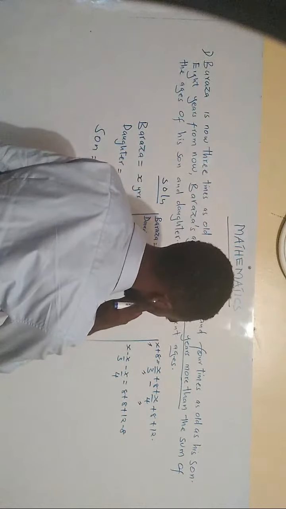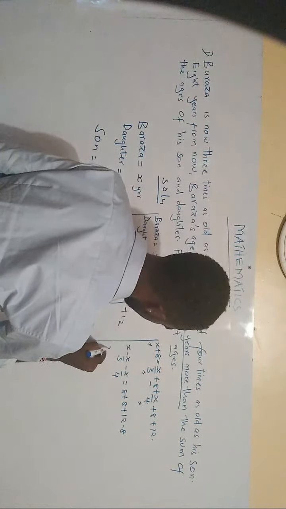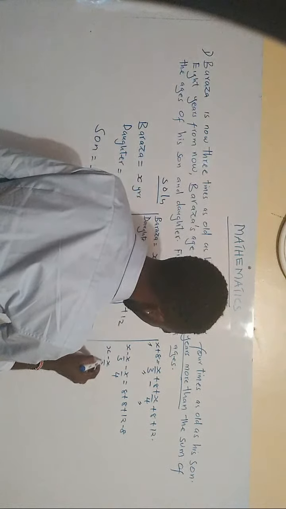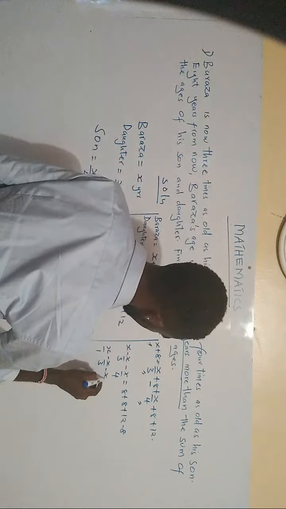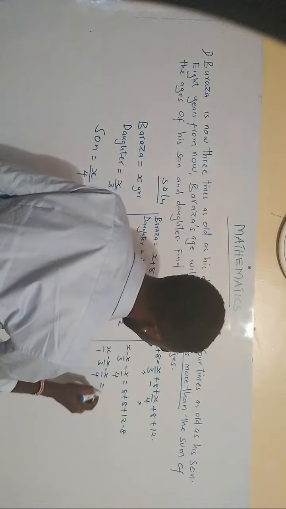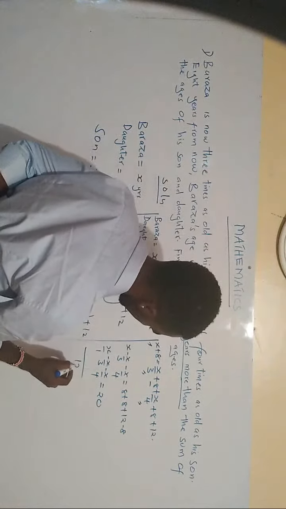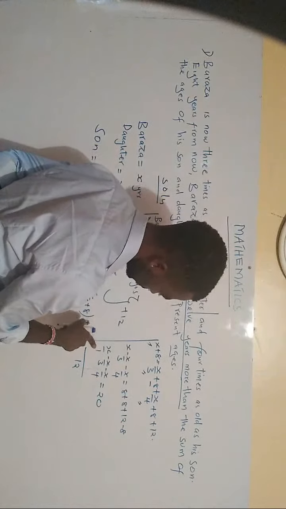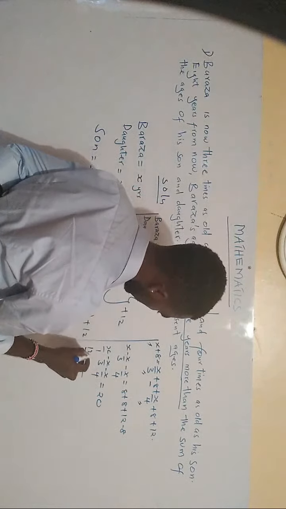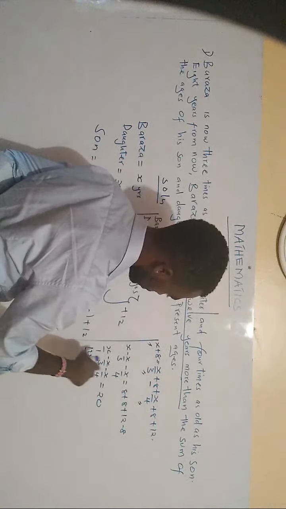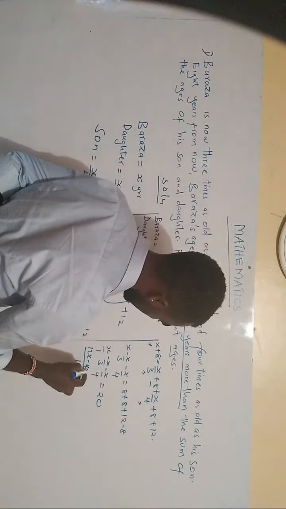So this is x minus x out of 3 minus x out of 4 is equal to 20. We can get the LCM here, which is 12. 12 divided by 1, multiplied by x, is 12x. Minus 12 divided by 3, that is 4, multiplied by x, is 4x.